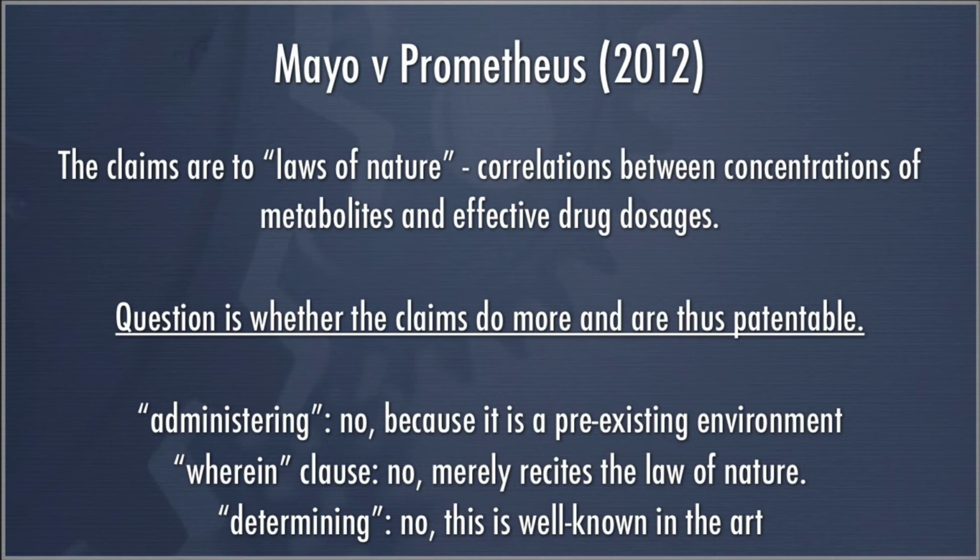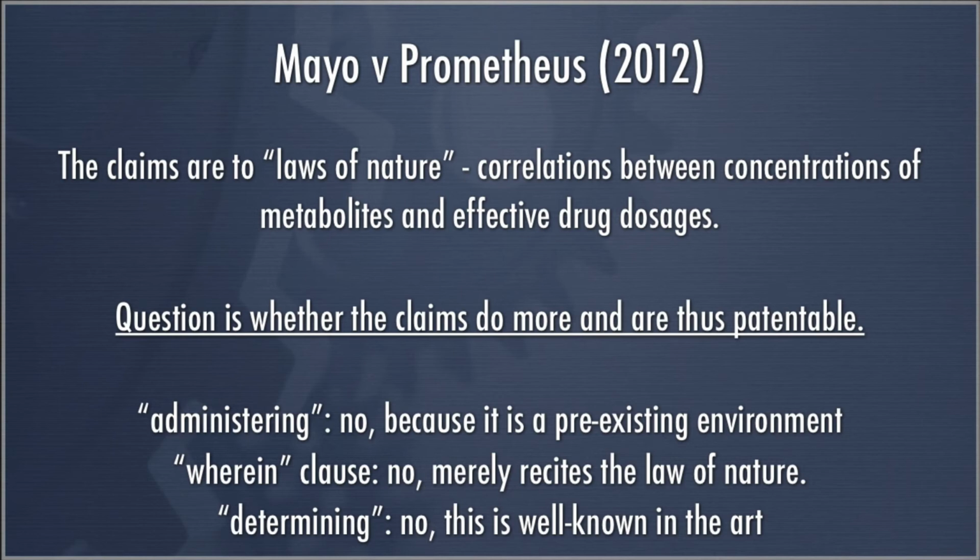And so it looks through each piece and says the administering component is not sufficient to convert this into a patentable claim because it's a pre-existing environment. That is, people have known for a long time how to administer drugs. There's nothing new about administering drugs, and so this component can't take you outside of unpatentability.